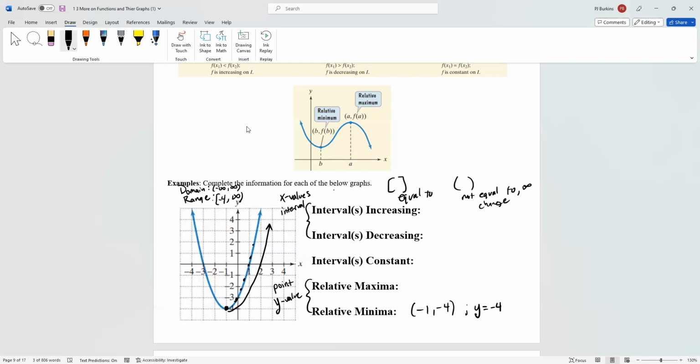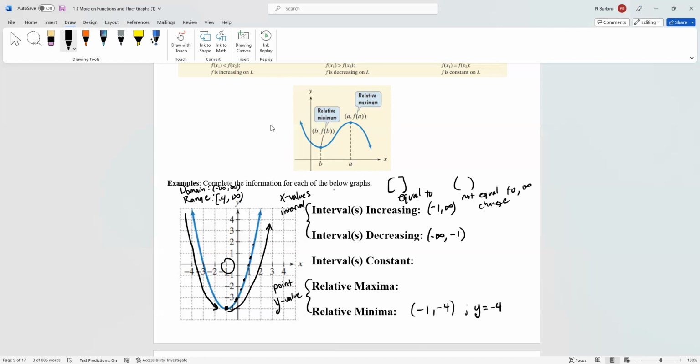Therefore, it's increasing from, we're talking about the domain, so x right here, -1 to infinity. And it's decreasing on this side, so that's from negative infinity up to -1. And so you see, if we combine these two, we go from negative infinity to infinity, which is our entire domain. So that's good.